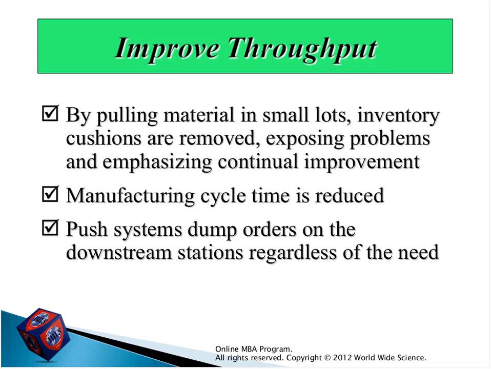By pulling material in small lots or in a small space, inventory quotients are removed, exposing problems and emphasizing continual improvement. Manufacturing cycle times are reduced. Push systems dump orders on the downstream station regardless of the need.